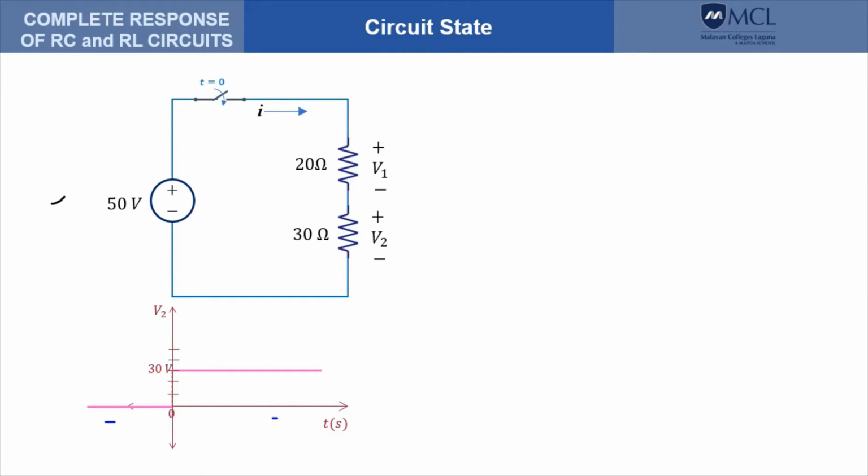We can also plot the current that flows through the resistive elements, which is the current I, and this is the plot. So the current is 0 before t equals 0 and also jumps to a value of 1 ampere and stays on that value regardless of time. Take note that we have plotted I side by side with V2.